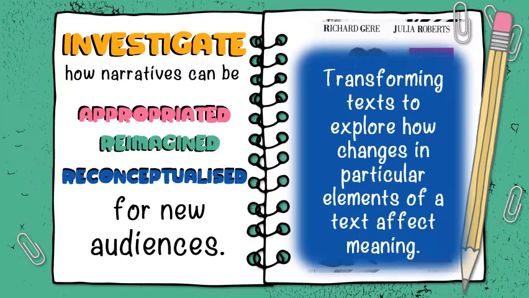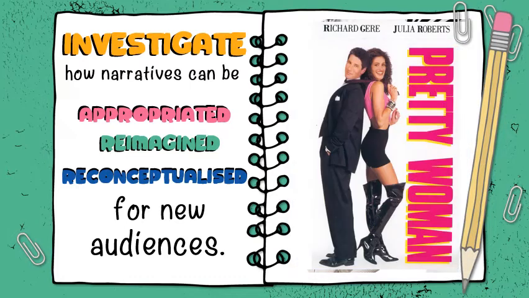So when we think about the Cinderella story, we see that it had been reimagined as My Fair Lady, and then it's also been reconceptualized into this fantastic 90s film with Richard Gere and Julia Roberts, Pretty Woman. So this story has been transformed for a new audience.